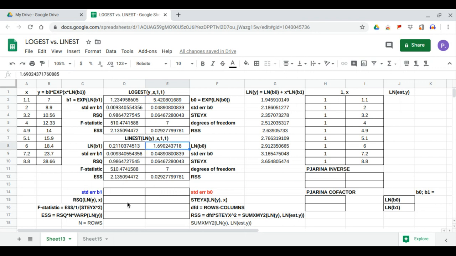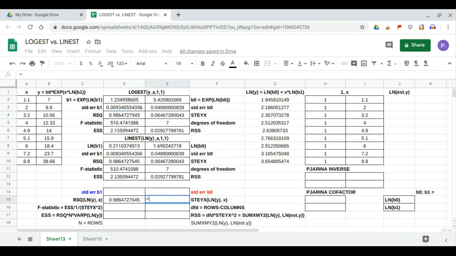We can also use the built-in r square function. Because it's linear, we can now use the RSQ function of ln y and the x values, which match the LINEST output RSQ and the LOGEST output RSQ.